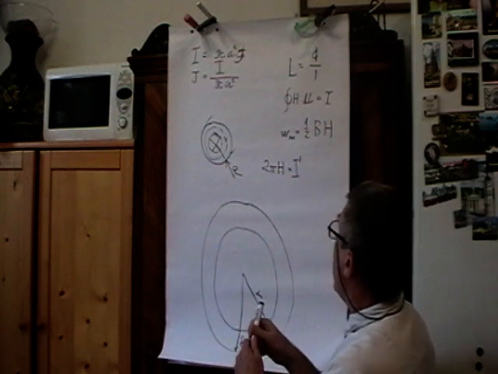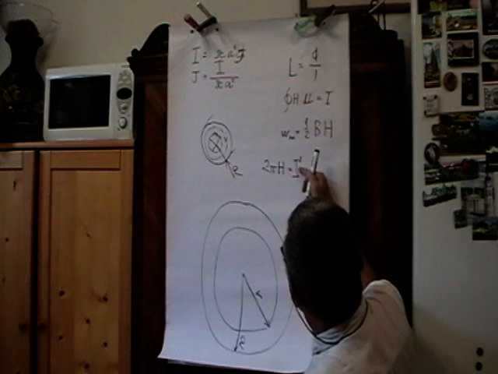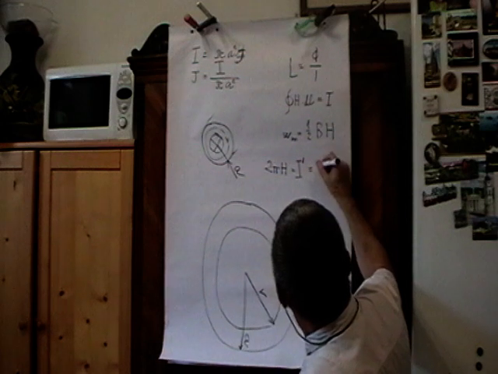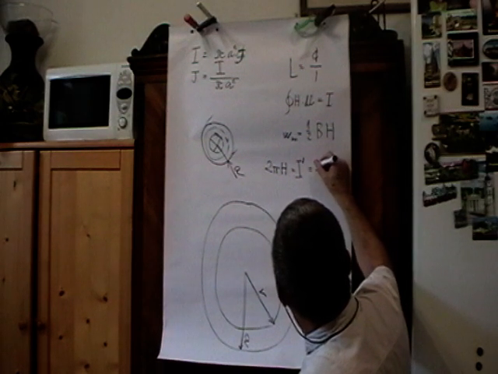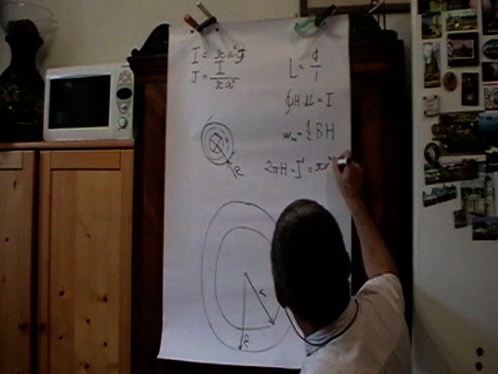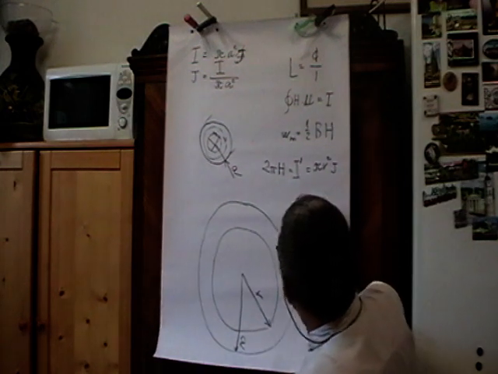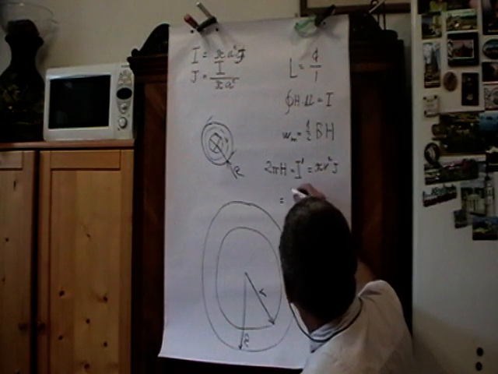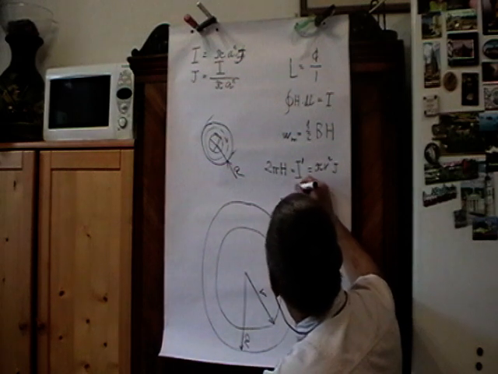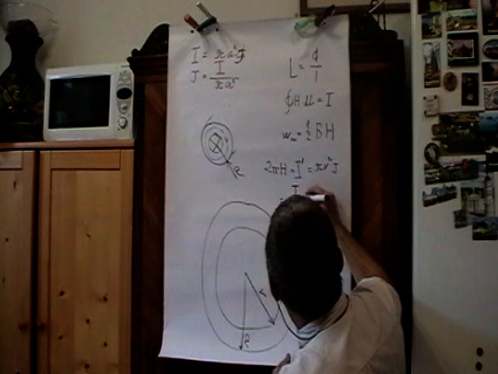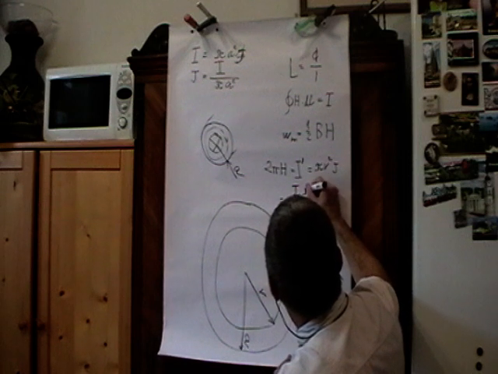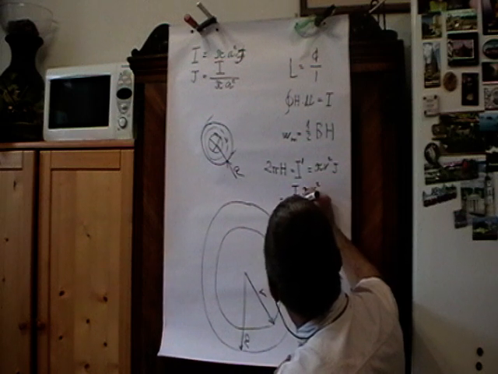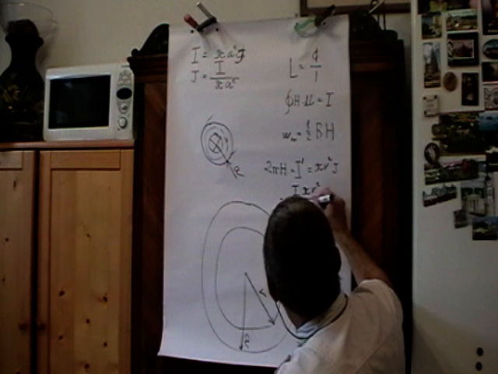So we could formulate the amount of current flowing inside, and that would be pi r squared times J. And again we can go on and say, okay, this is the original current I times pi r squared divided by pi a squared.